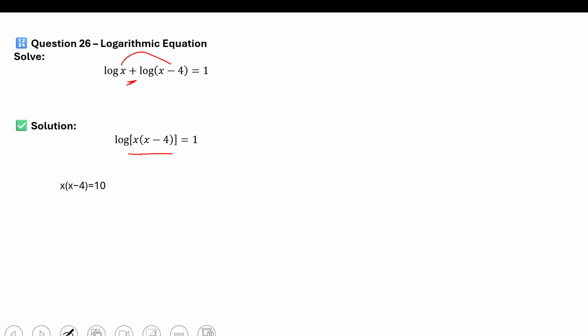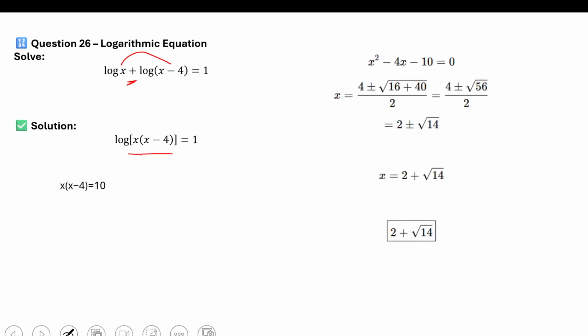Log 10 to base 10 is 1. Yes, log 10 to base 10 is 1. So again, I'm going to have a quadratic equation, and I'm going to use the formula method to solve it and get the answer. Check out our video on algebraic processes and expressions where quadratic equations were fully dealt with.